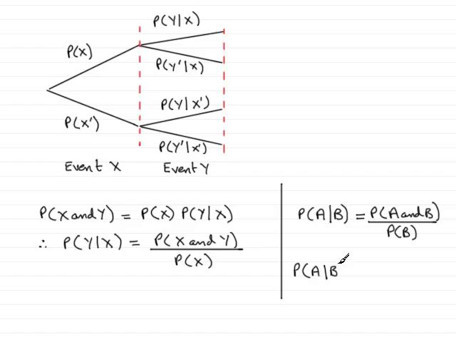Let's just write this down: the probability of A and B can often be written with that upside down U, and then it will be over the probability of B. So what I want you to do is to try and learn this particular formula, because you're going to find that you're going to need it a lot of times in questions on more advanced probability.